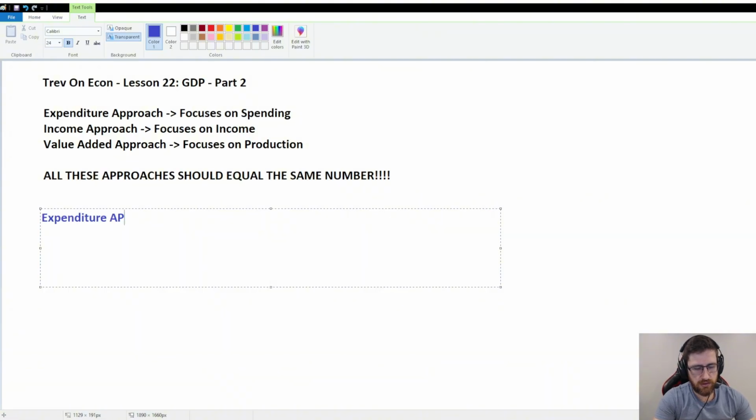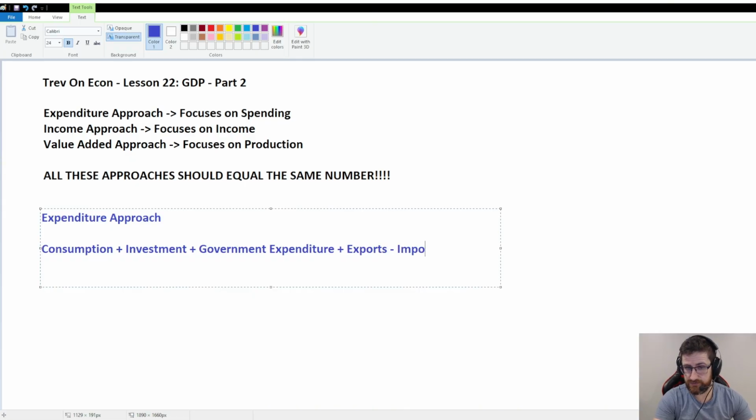And this is where we are going to see probably the most common formula in all of macroeconomics, especially at the introductory level, and that is this. It is consumption plus investment plus government expenditure plus exports minus imports.